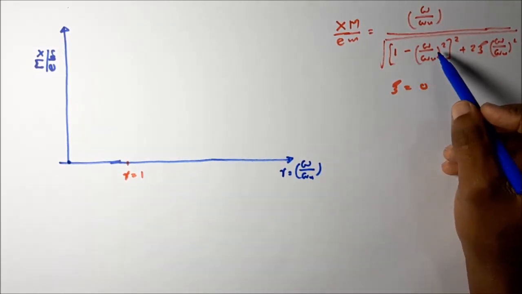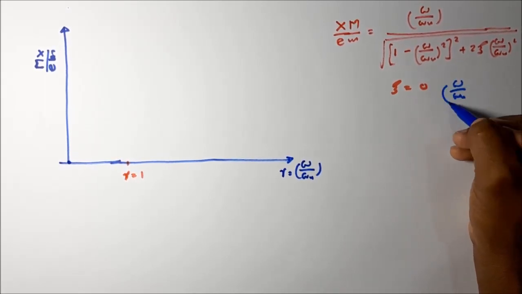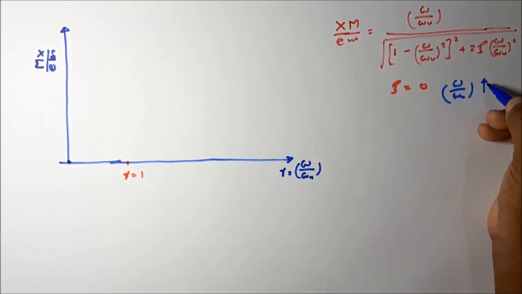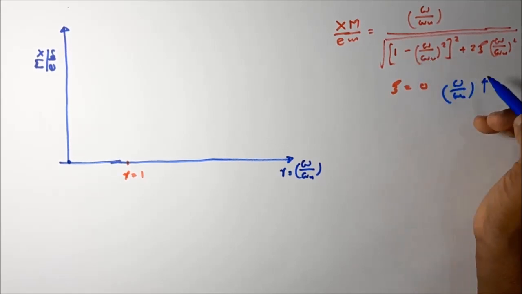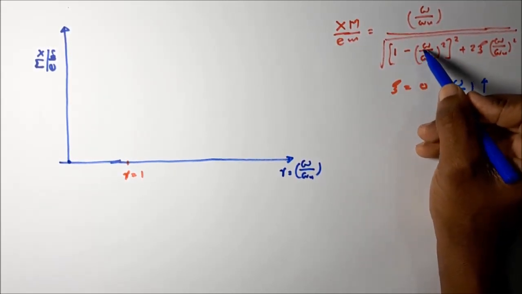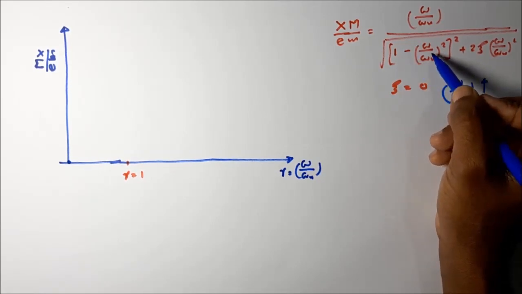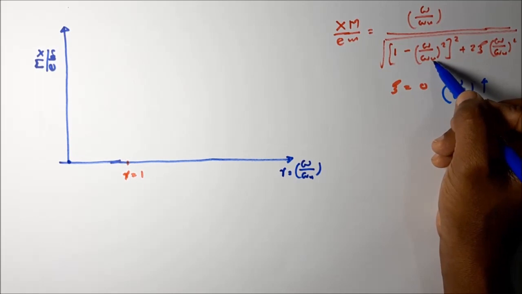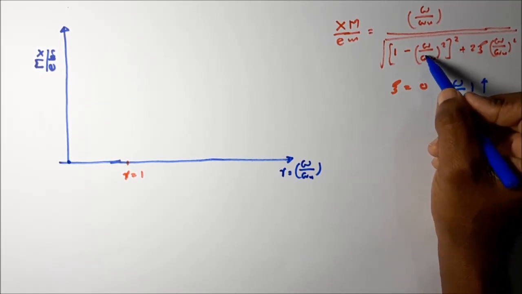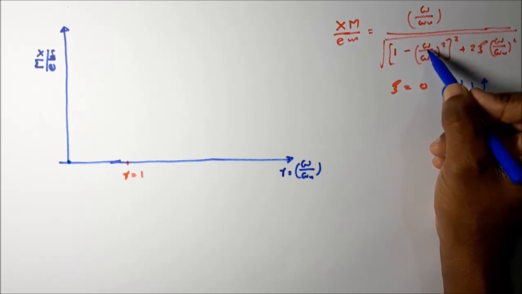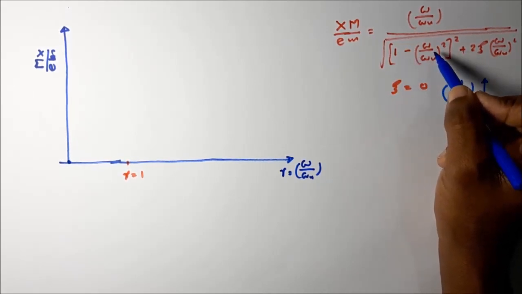Then what happens when increasing gradually the omega divided by omega n from the 0, when it reaches to the 1? What happens to the denominator? It reaches to the 0, because 1 minus omega divided by omega n squared. When this term reaches to the 1, this entire denominator reaches to the 0.